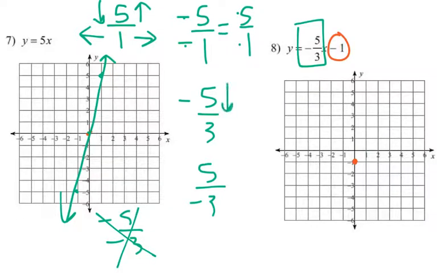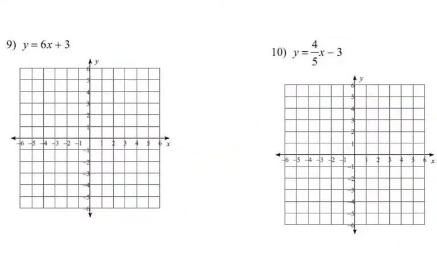So I can either go down and to the right or up and to the left, and I'm probably going to do both. Down 5, to the right 3, or up 5 and to the left 3. And that gives me my 3 points, and we draw my graph. And slope-intercept form is just this quick and just this easy. That's why we like slope-intercept form.